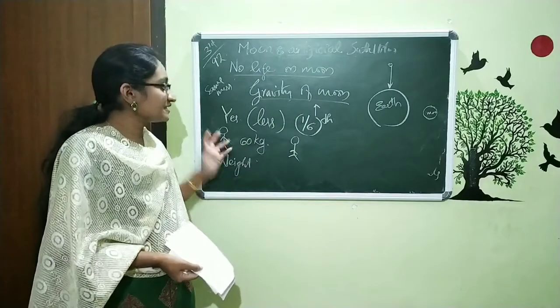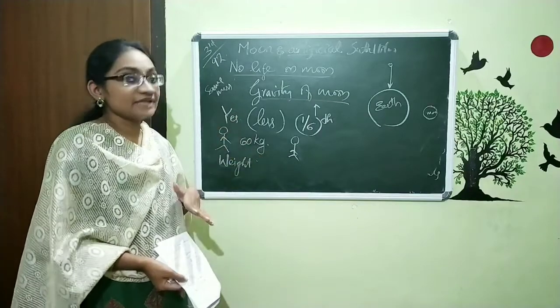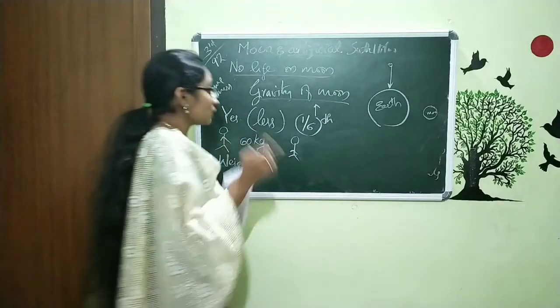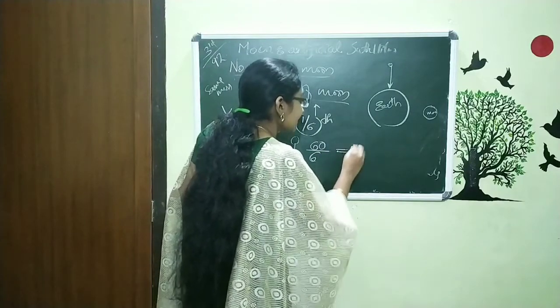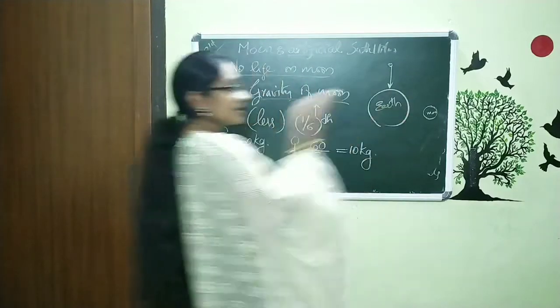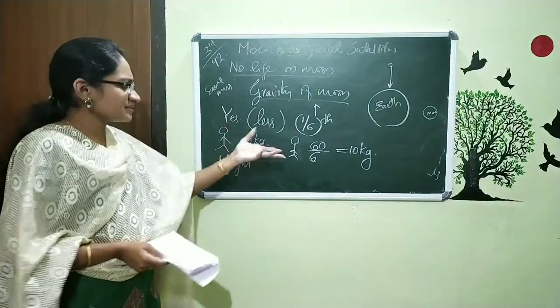So when I am on the earth, it is 60 kg, and when I am taking the weight at the moon, it will be only 60 divided by 6. That is only 10 kilogram at the moon. So there is no need of getting into the mathematical calculations.